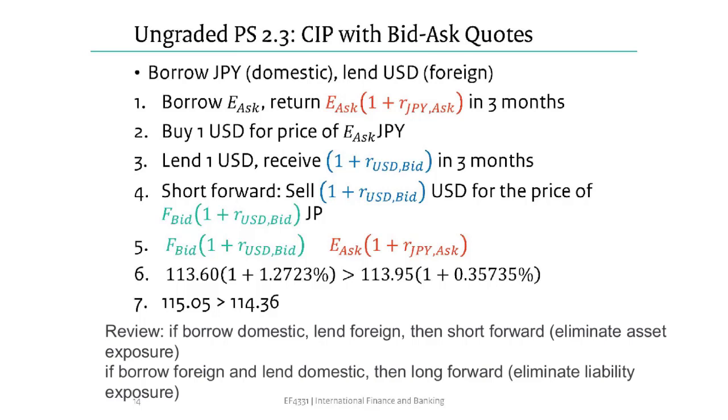And the short forward is to eliminate asset exposure. So asset meaning cash flow, inflow, okay? And this is to eliminate liability exposure.